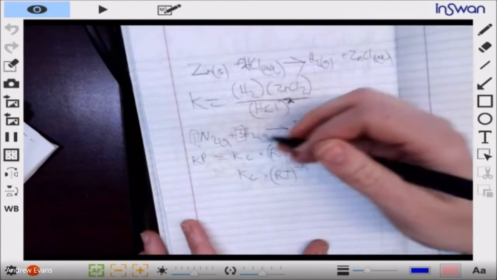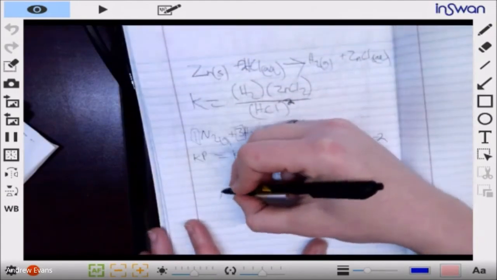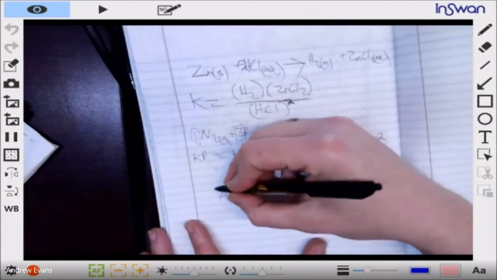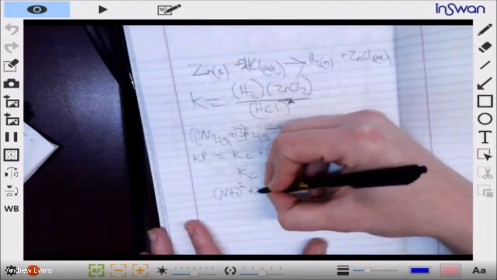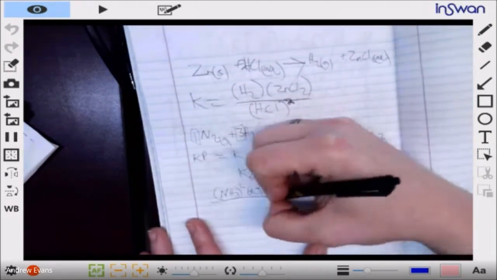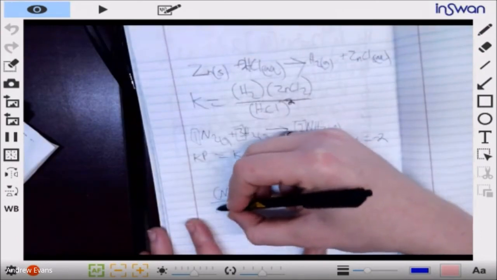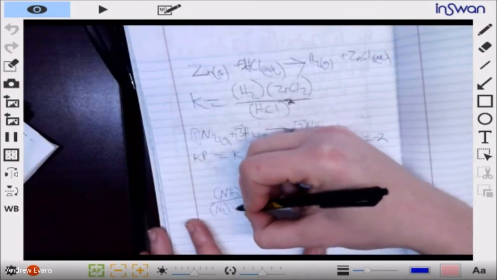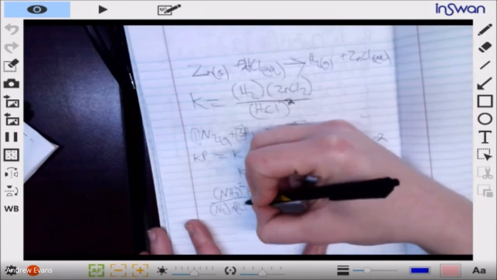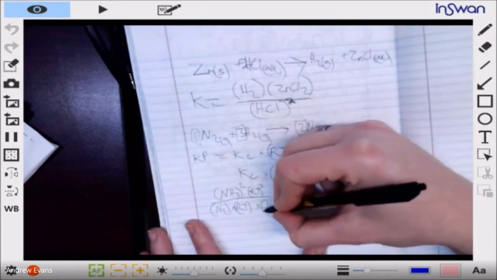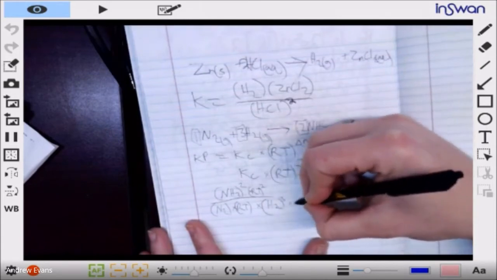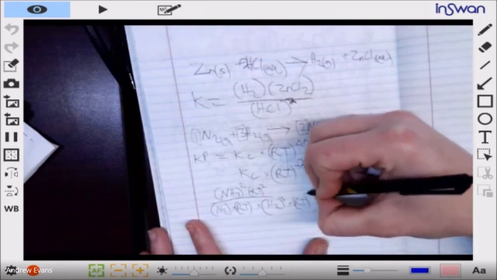If I set that up as a K, we'd have NH3 squared times RT squared over N2 times RT times H2 cubed times RT cubed.